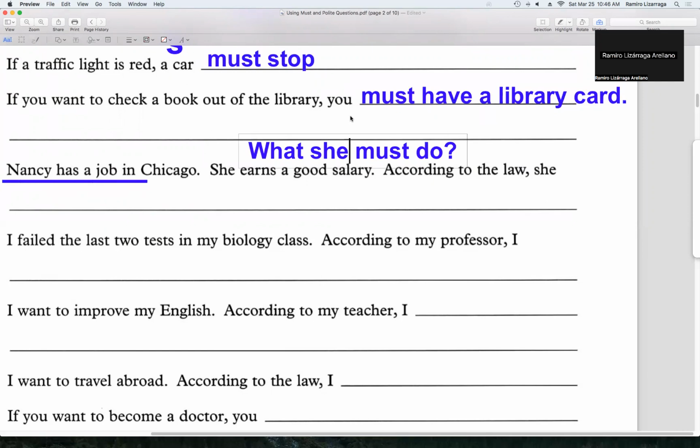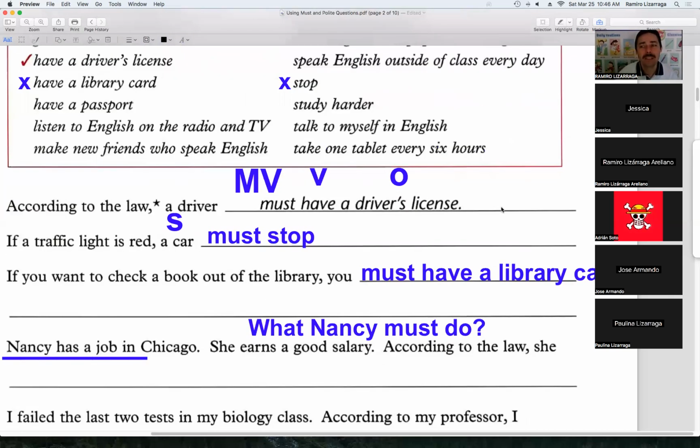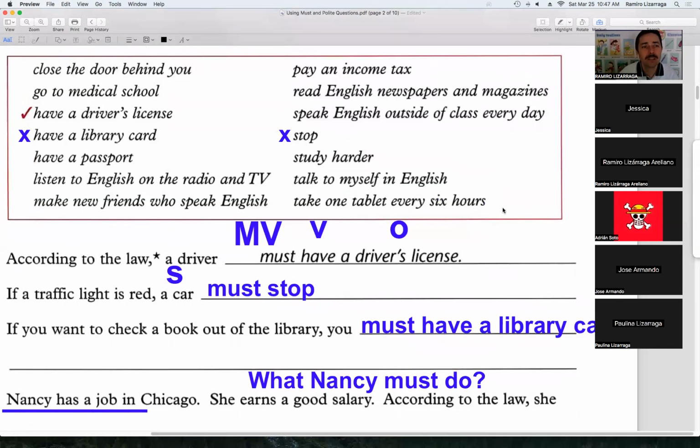Voy a quitar el she y voy a poner Nancy. What Nancy must do. Because since she has a job and she earns a good salary, she's making money. And according to the law, she must what? A ver, vamos a ver las opciones. She must what? Yo ya sé la respuesta.